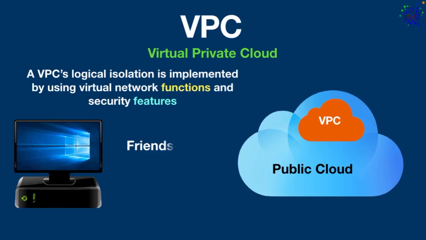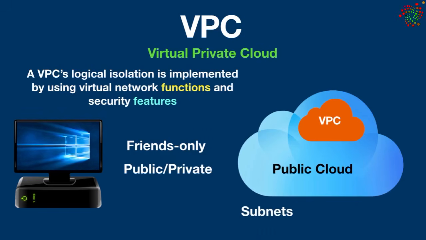This function is similar to the friends only or public-private controls on social media accounts that restrict who can or cannot see your posts. The key technologies for isolating a VPC from the rest of the public cloud are subnets, VLANs, and VPN.